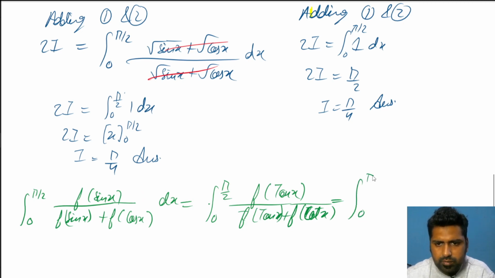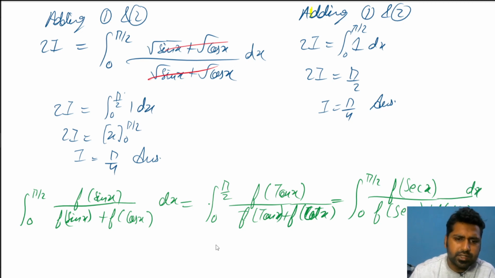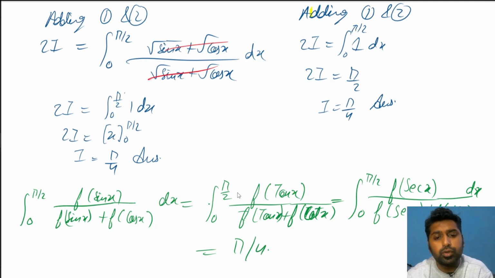Integration 0 to pi by 2 of f of, let's say, sec x or cosec x, you can take any one, upon the same function of sec x plus the same function of cosec x dx. All these integrations will result in one single answer, that's pi by 4, as long as it is 0 to pi by 2. Remember that.